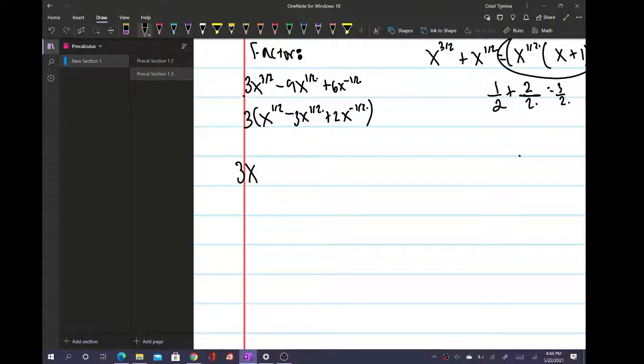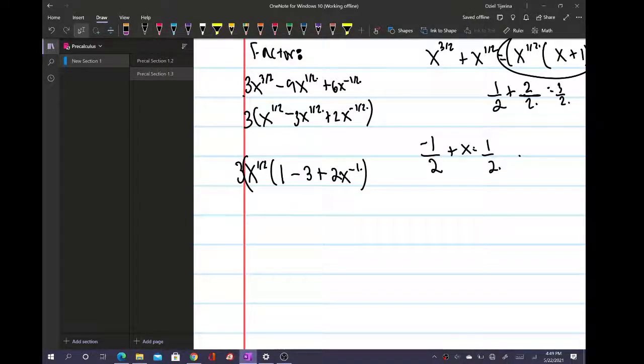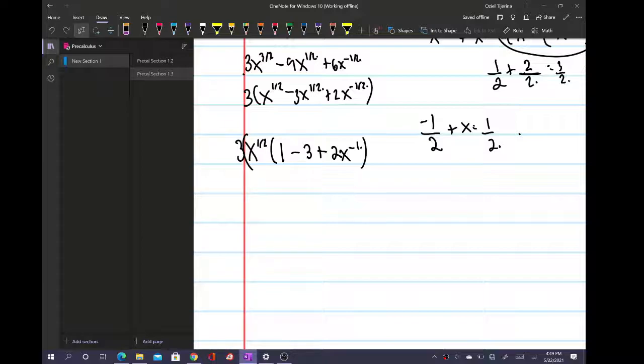So 3 times x to the 1/2 times 1 minus 3 plus 2x to the negative 1, if you think about it, because when we multiply this out, we get 3x to the 1/2, and then 1 minus 3 plus 2x to the negative 1.